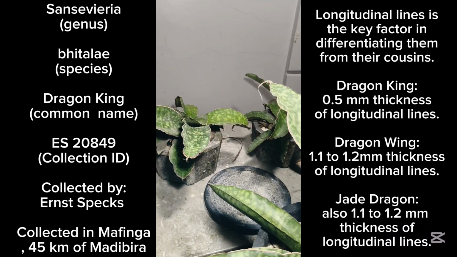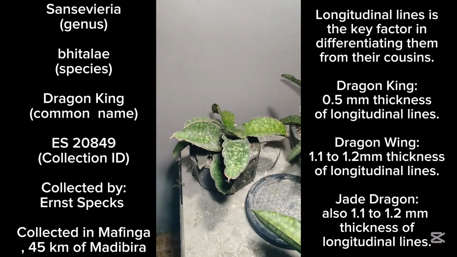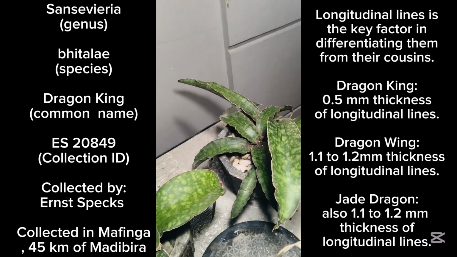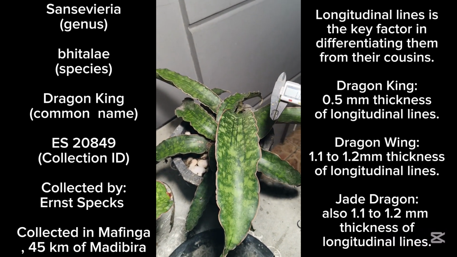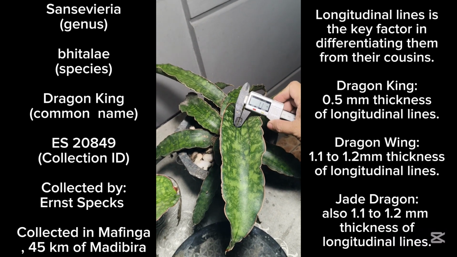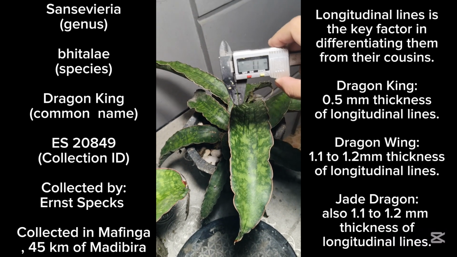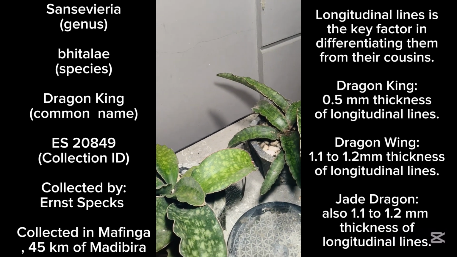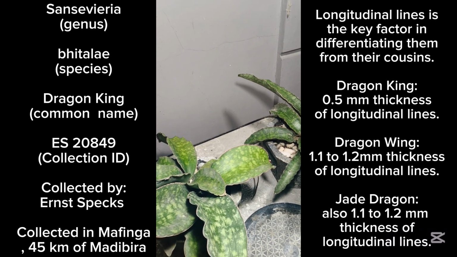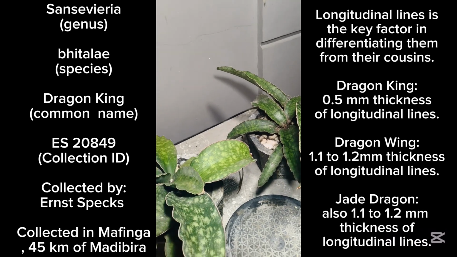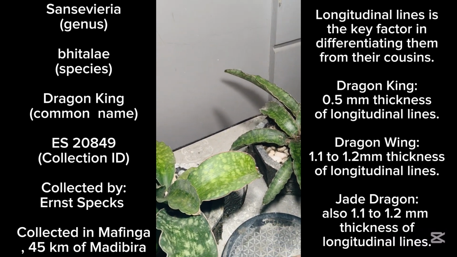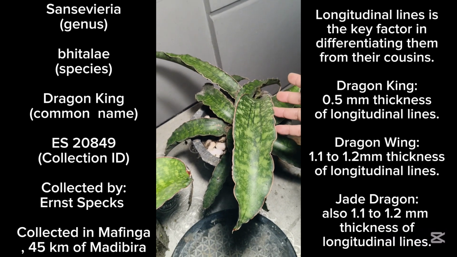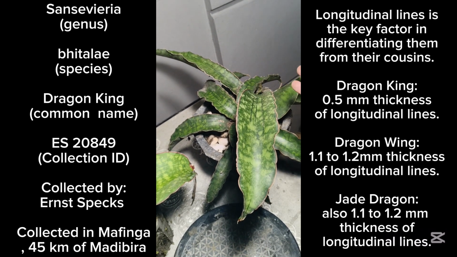And I'm not sure if you can see it, but this is Jade Dragon. Jade Dragon has equal thickness in comparison to Dragon Wing, but the number of longitudinal lines that you can find in Jade Dragon can be counted easily.